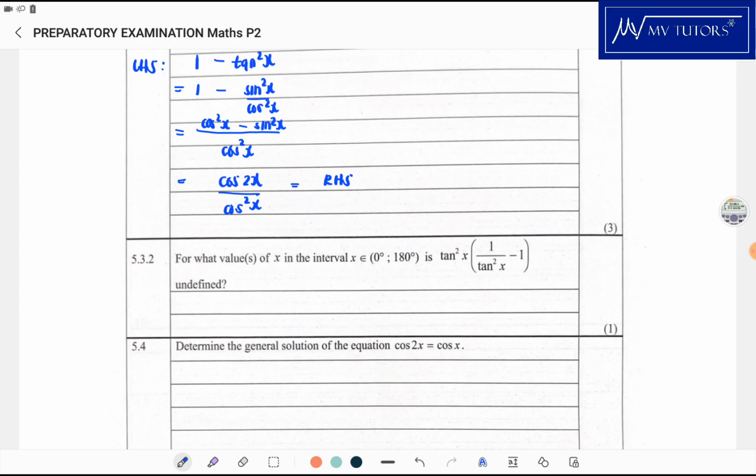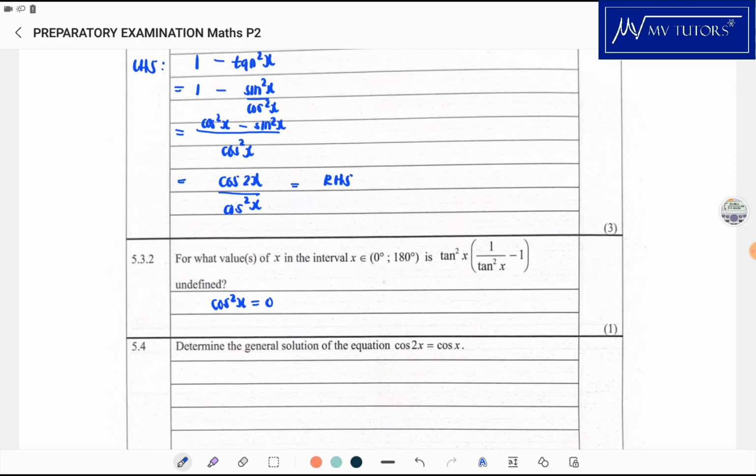So you're going to say cos squared x being equal to 0, because that is where it will be undefined. Okay, so if you were to solve for it, if you're going to draw the function, that's why it's 1 mark, they expect you to know this.